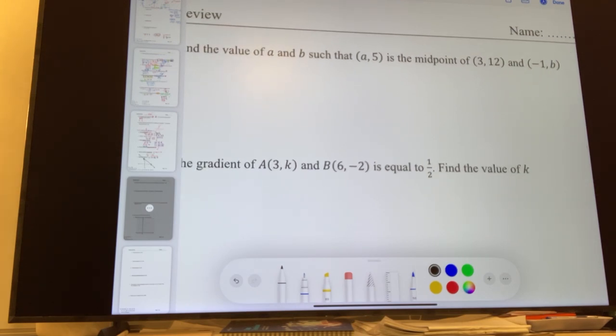Okay, the midpoint of these 2 is that point. So how do you use the midpoint formula? Using this one. This is your x1, y1, x2, y2. Use the midpoint formula to put it in.